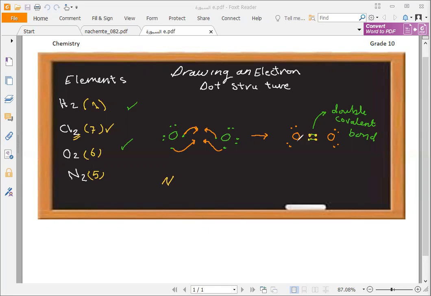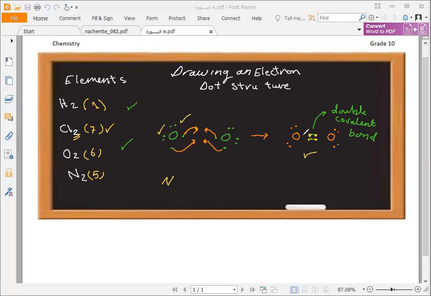We draw the rest of the dots as they are in the 2 atoms. And this is the electron dot structure of oxygen.